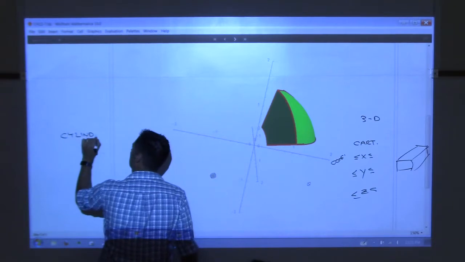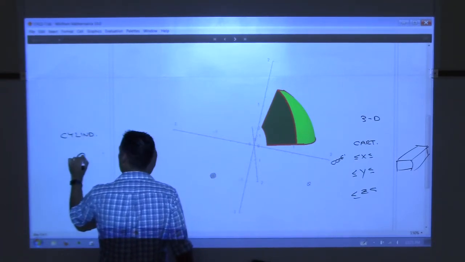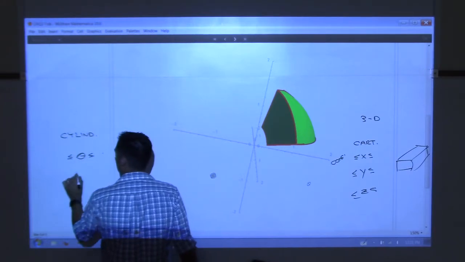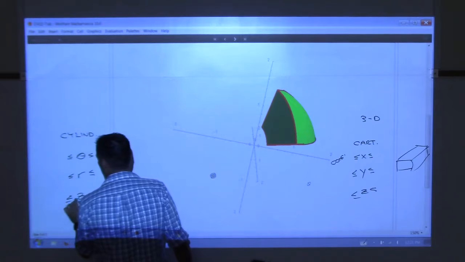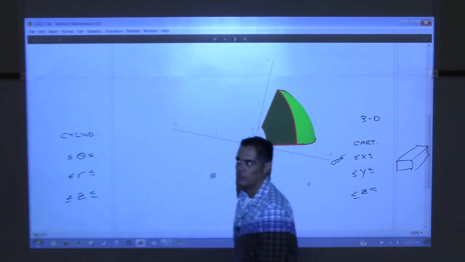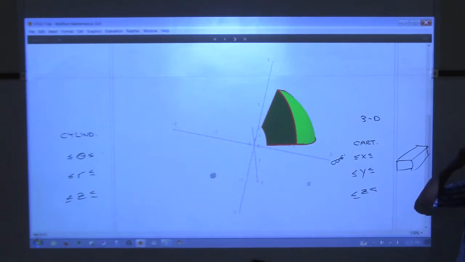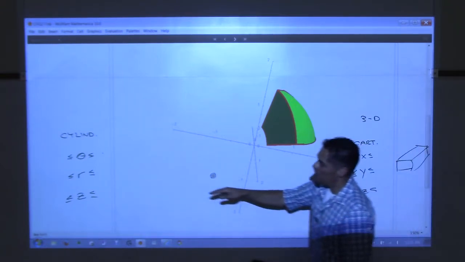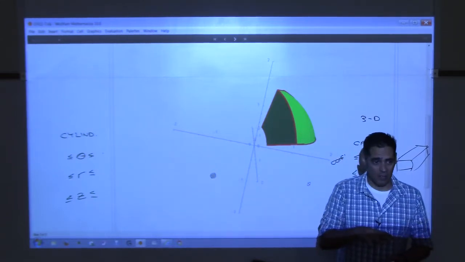So we're in cylindrical. Theta's between two constants, r's between two constants, and your z is between two constants. What would that look like? Well, what does theta and r between two constants look like? It's a polar rectangle, isn't it?